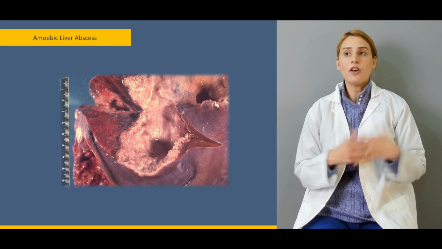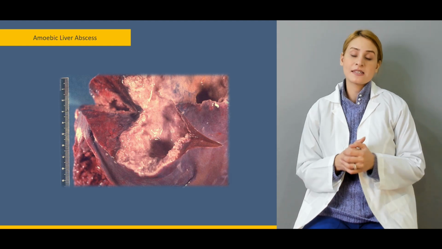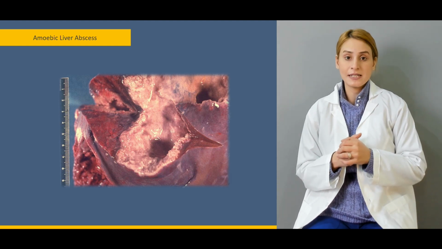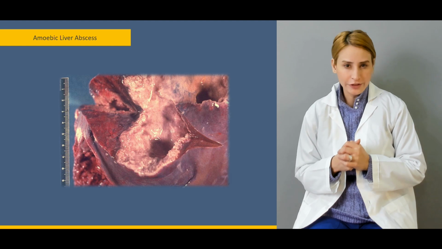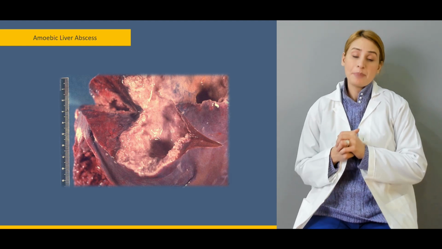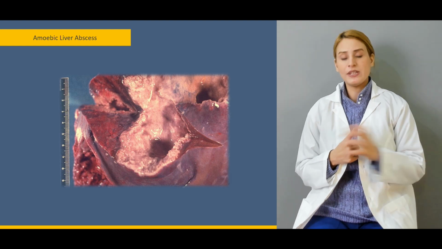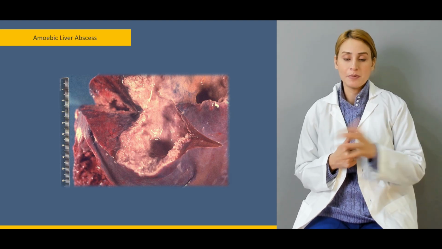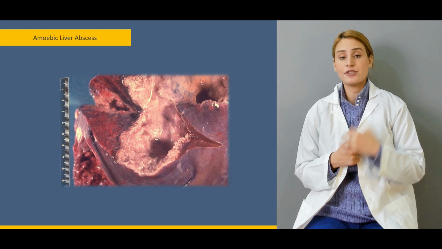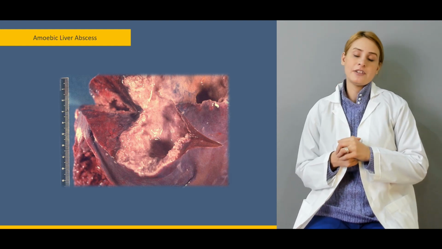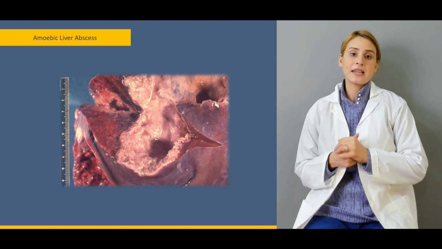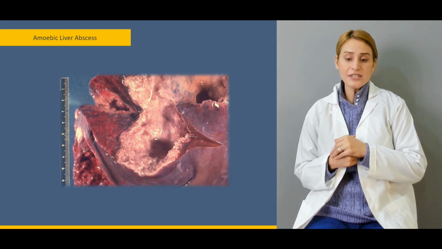As with all other abscesses, it causes fever and right upper quadrant pain, and especially the history of travel abroad will give you the indication of amoebic liver abscess. So whenever you're suspecting amoebic liver abscess, always ask about the history of travel.